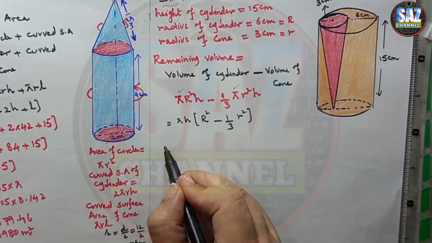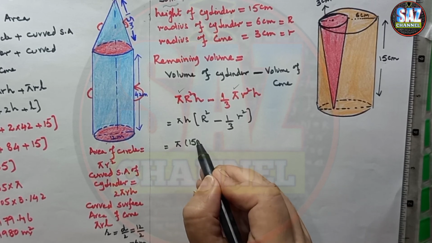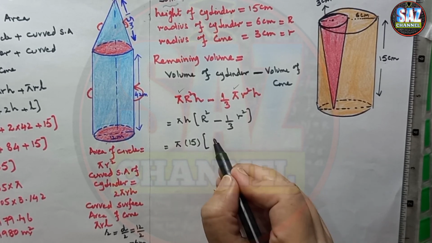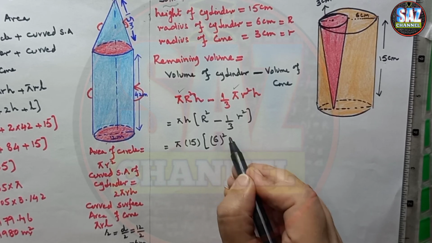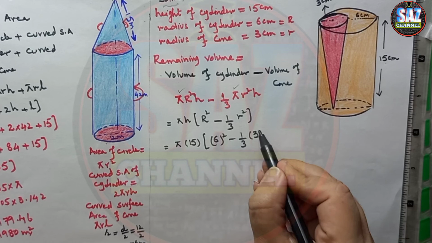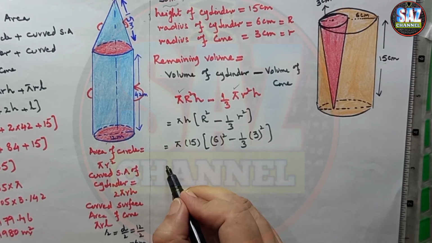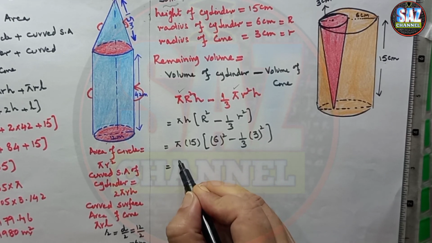It's time to replace the values. Pi into height 15, and capital R is 6 square minus 1 by 3 into small r is 3 square. Now we know that the square of 6 is 36.